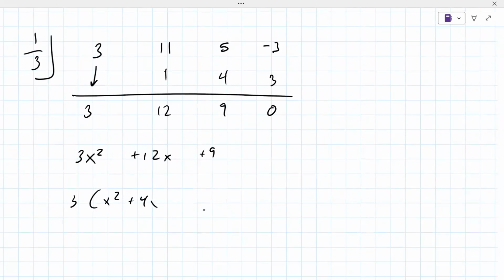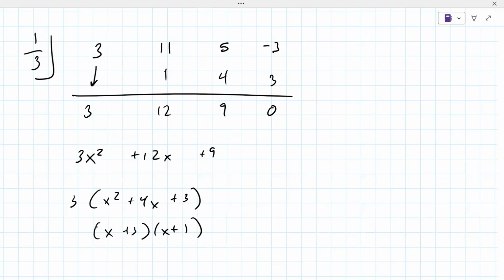So it'd be x squared plus 4x plus 3. Okay, and so could you try factoring this for us, please?